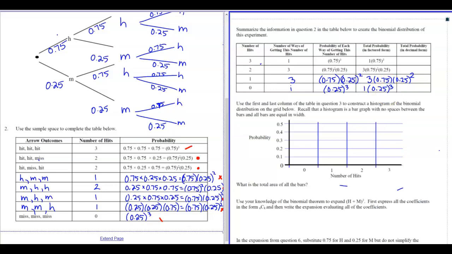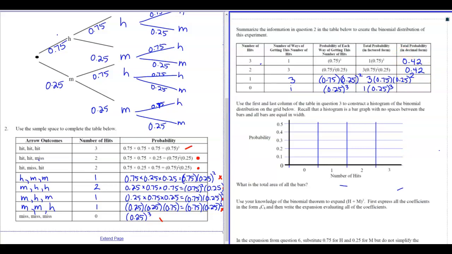Okay, and then probability in decimal form. So entering those into your calculator, I'm not going to, you can do that on your own time. I'm just going to give you the values at the same time. Rounded to 2 decimal places, 0.42.